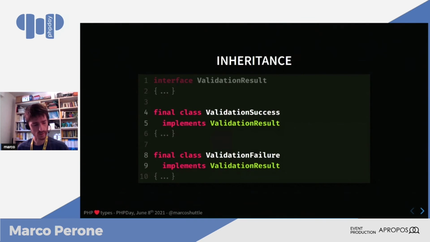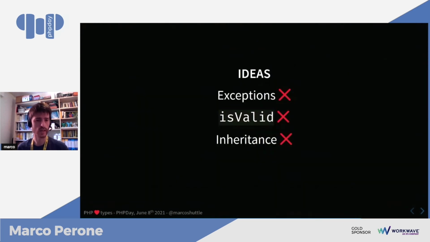But what we are missing here is that this allows us to define a third case, because inheritance is an open concept. There's no way to force inheritance to stop at a certain point. Any client of our validation result library could just define their own version of validation result implementing our interface. And so at that point, we will not have just two cases, but three or even more. So this option is also something that we discard for the moment.